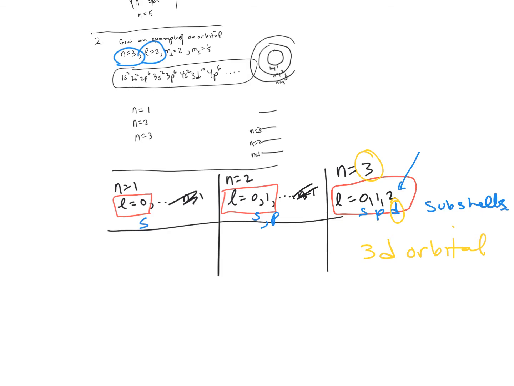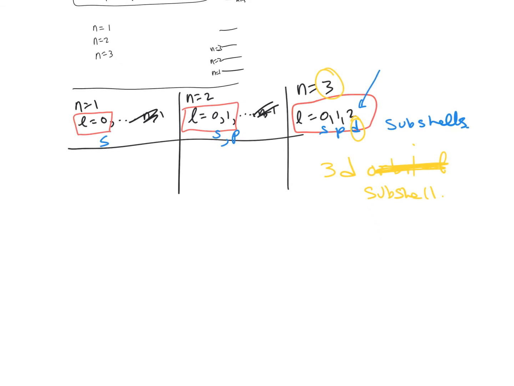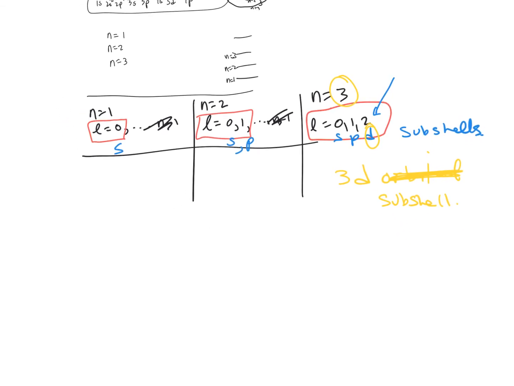Then you have your M sub L values. Up to this point, we know that it's the 3d subshell. Now let's look at the orbitals. Let's do this again. n equals 3 is a good example, so let's continue with that. If n equals 3, L can be equal to 0, 1, or 2.